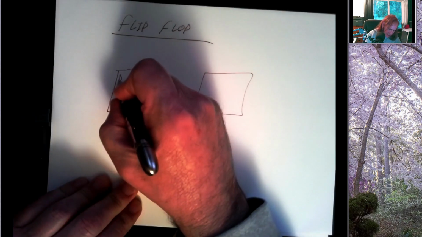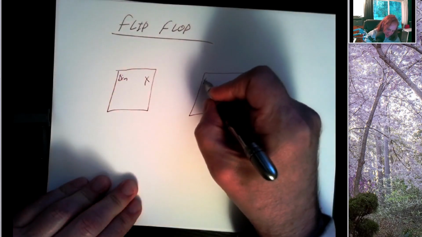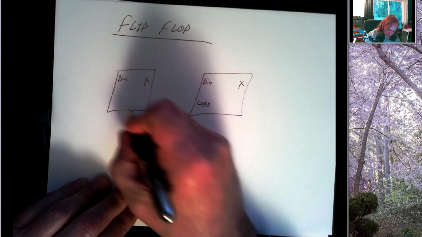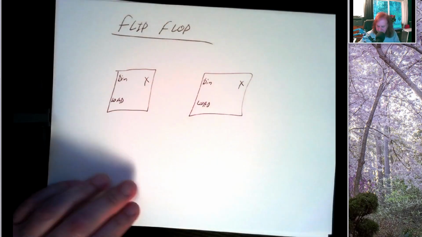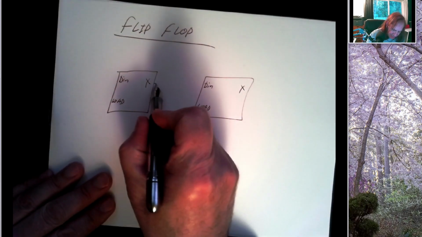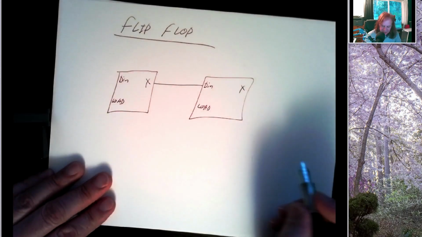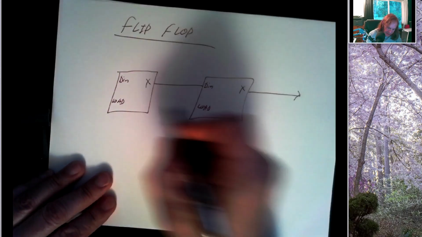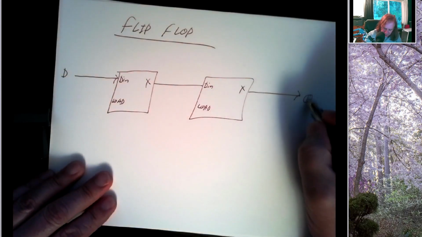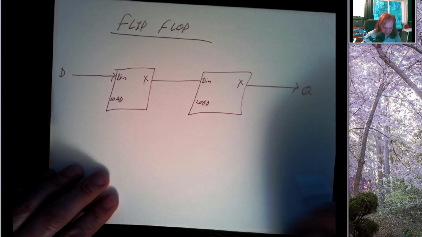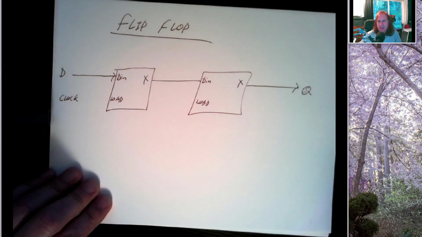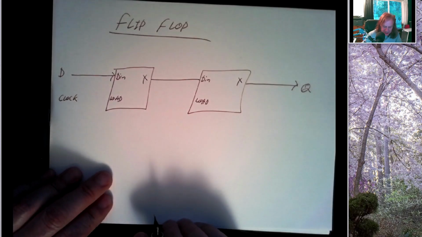So here's our data in, here's our output X, here's our data in, here's our output X, here's our load input. And I'm going to take this latch's output, feed that to that latch's data in. This is going to go to the outside world. This is going to come in from the outside world. I'm just going to call this D. I'm going to call this output Q. And I'm going to make a new input that I'm going to call a clock. And I'm going to do something really funny with the clock line.